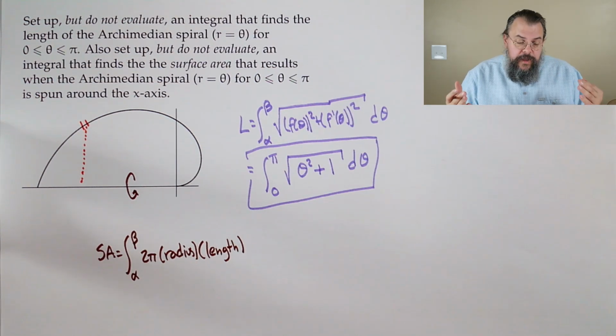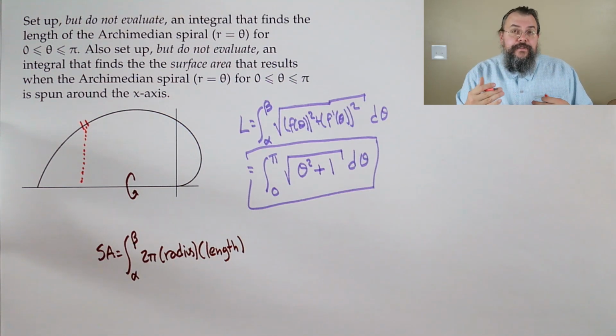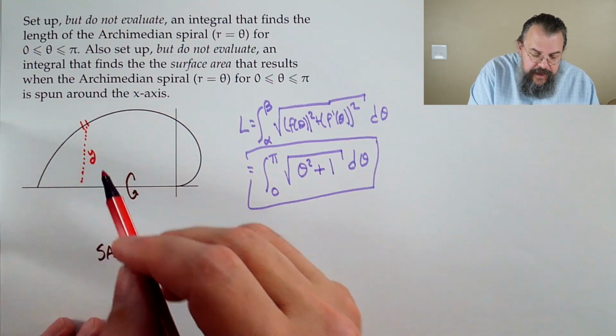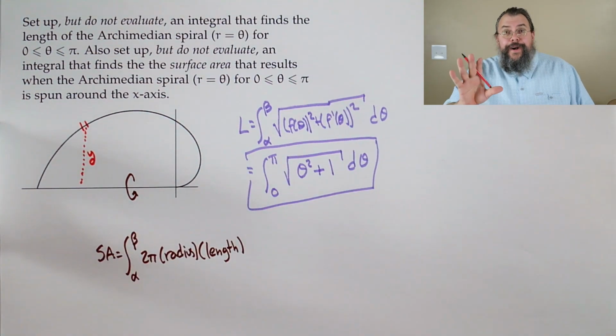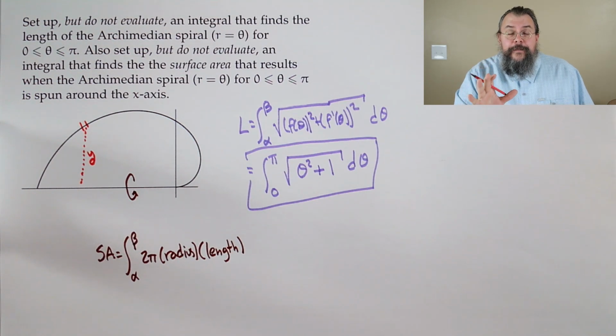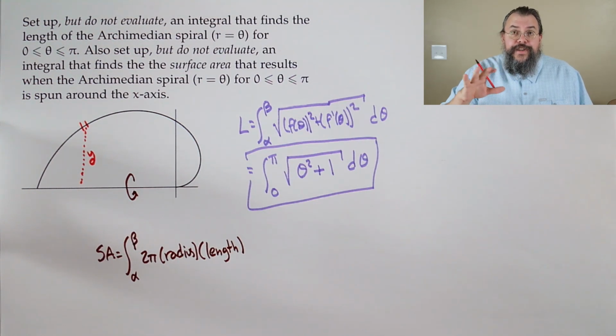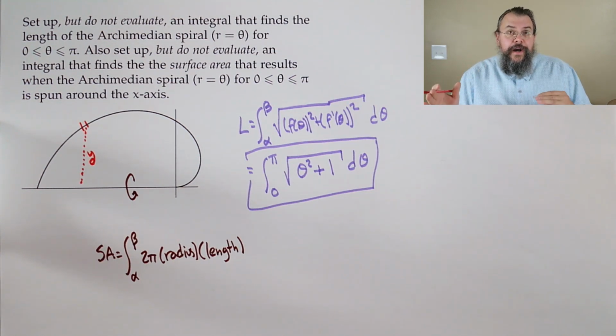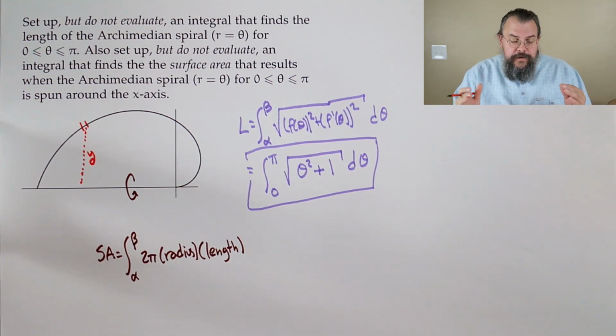So if we say, for instance, we're spinning around the x-axis, then the distance is y, right? That's how far you are from the x-axis. And now at this point you're saying, we can't use y. No, but it's a good stepping stone. So we know, okay, what is y for our curve?